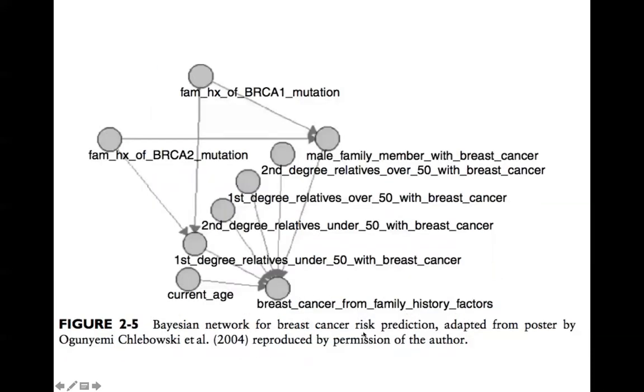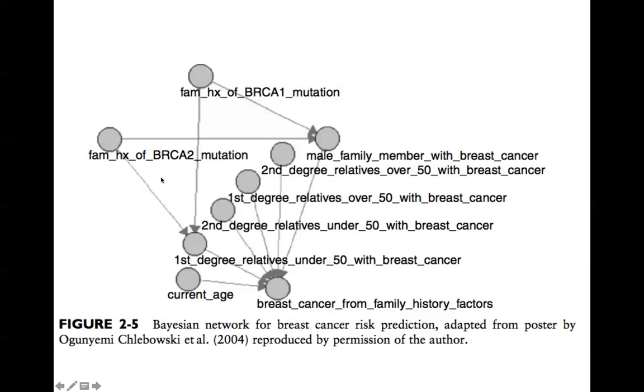Okay, this is the Bayesian network again. Here you can see the BRCA1 and BRCA2 genes. Based on these, you can predict the probabilistic chance of getting breast cancer. So you can see why we have this directed acyclic graph. Those nodes are related to breast cancer genes.